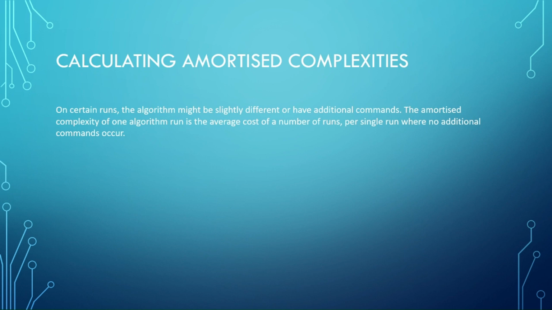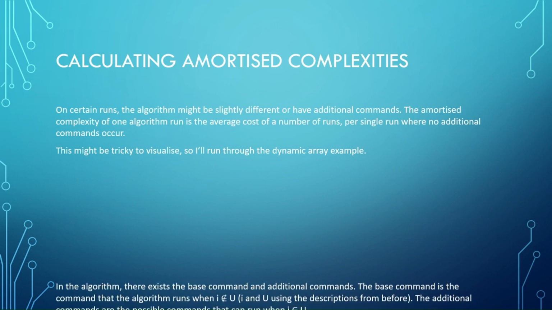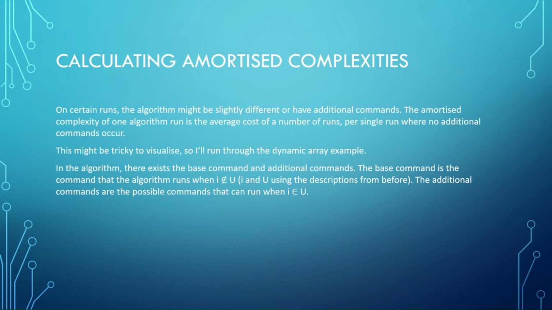The amortized complexity of one algorithm run is the average cost of a number of runs per single run when no additional commands might occur. This might sound very confusing. It might be a bit tricky to visualize, so I'll run through the dynamic array example that I believe we did in a lecture.